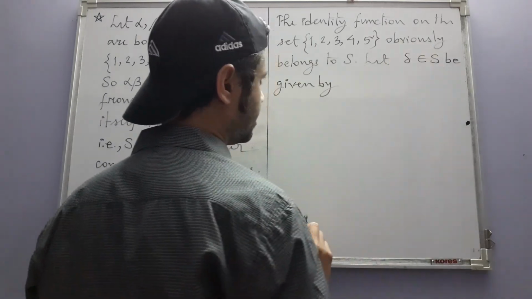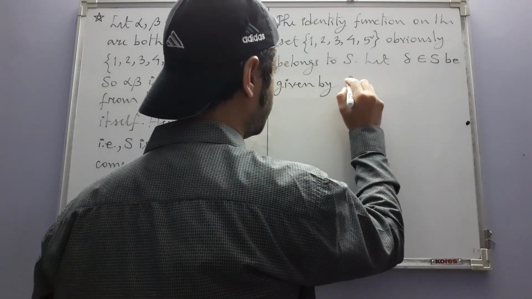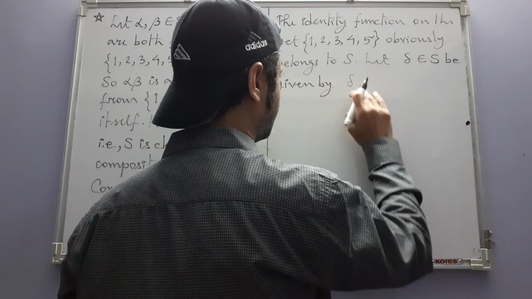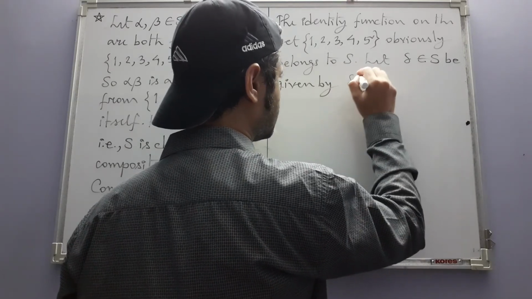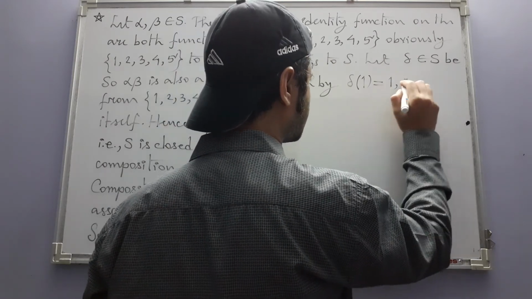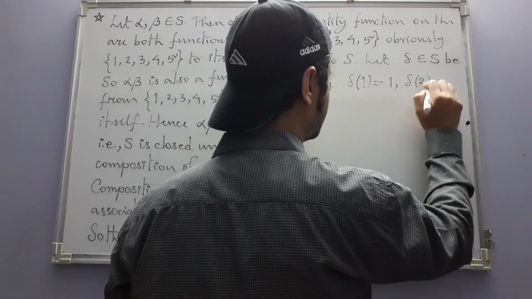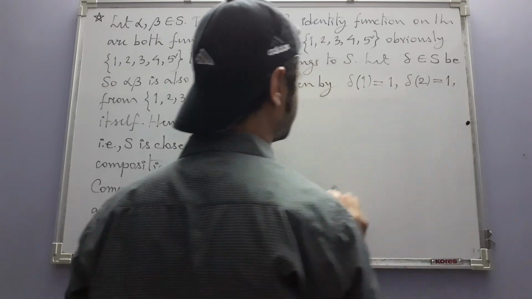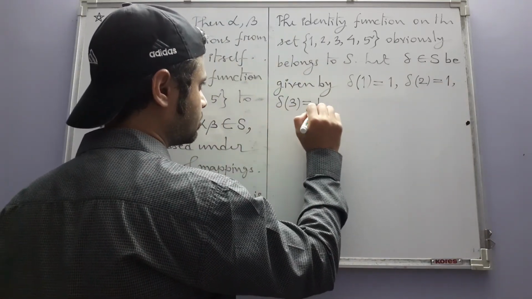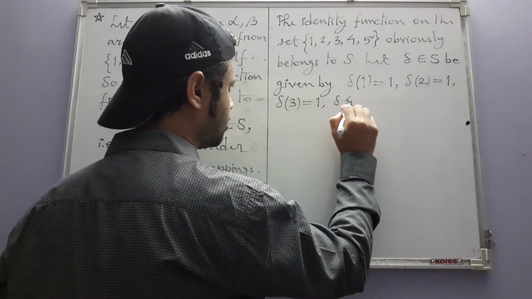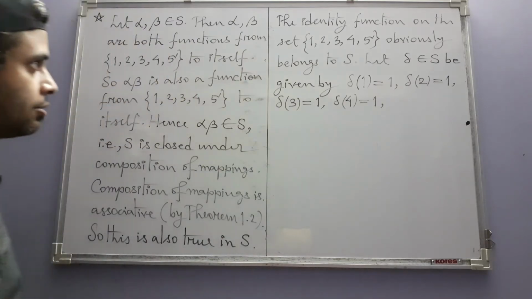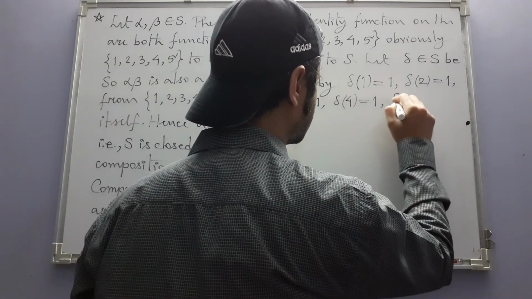Let delta belonging to S be given by this. Delta of 1 is equal to 1. Delta of 2 is also equal to 1. Delta of 3 is also 1. In fact, we decide to make all these images equal to 1. Where are we? 5. So 5 symbols.